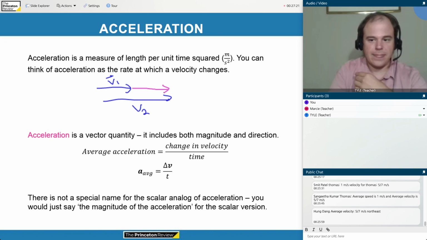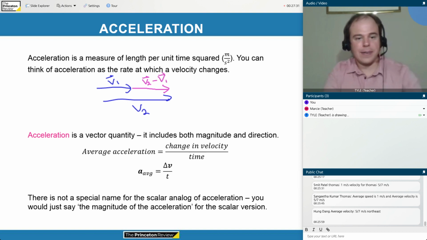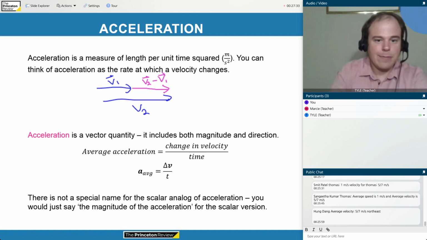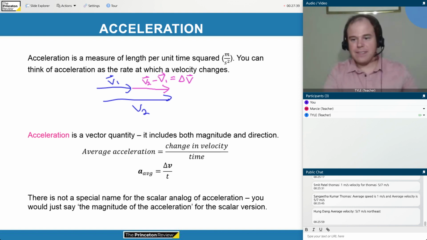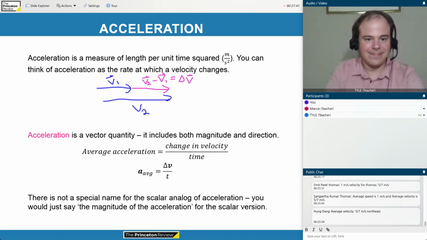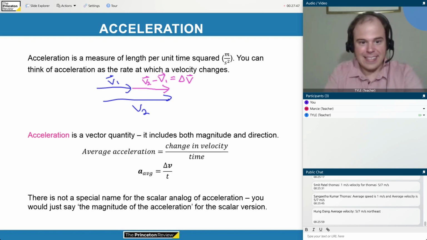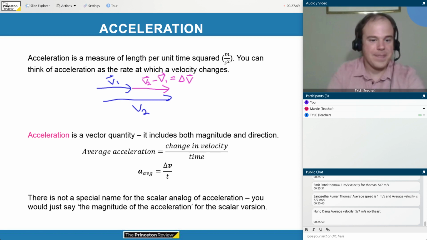This purple arrow that I just drew is the difference between v1 and v2. Mathematically, this purple arrow is v2 minus v1. People will often write this change in the velocity just as delta v, which means v2 minus v1. All right, so the velocity increased, and I'm representing that with the purple arrow.